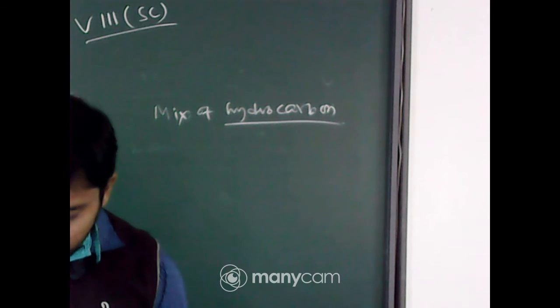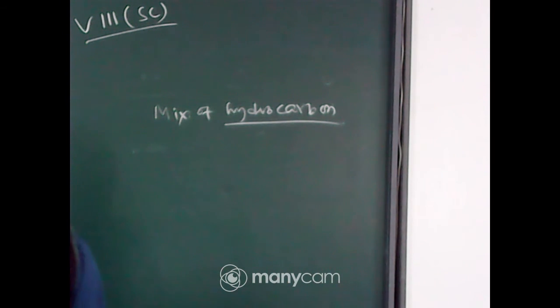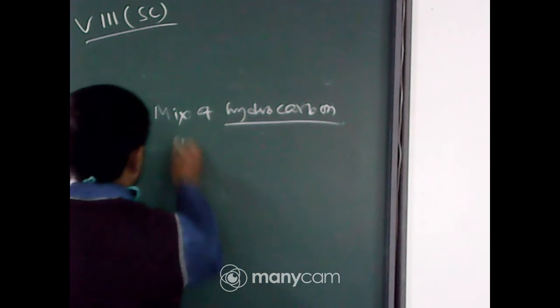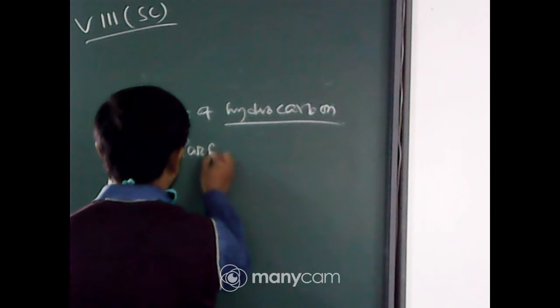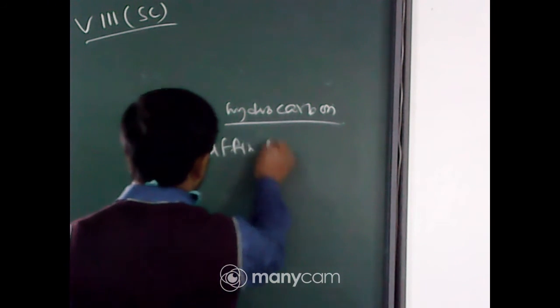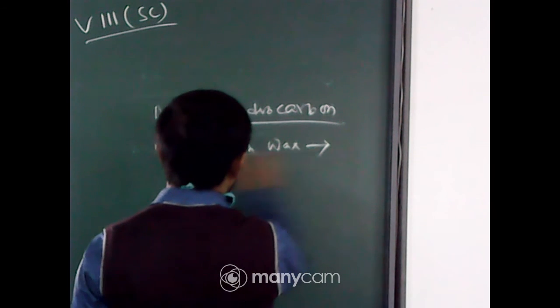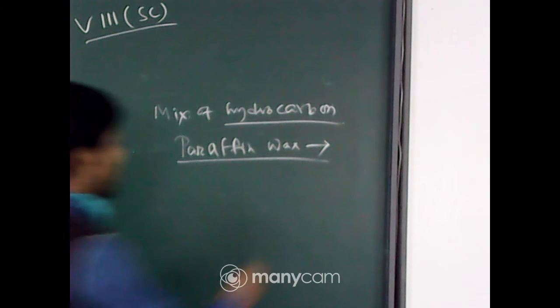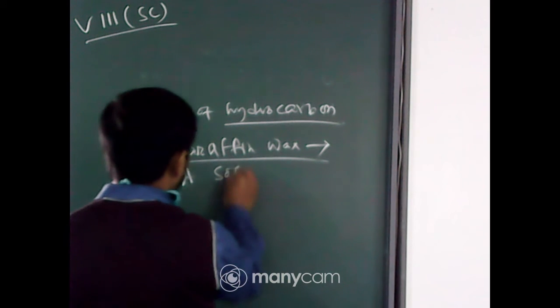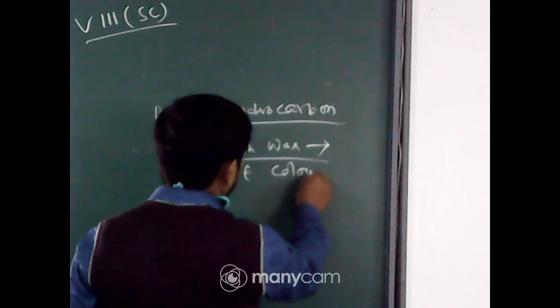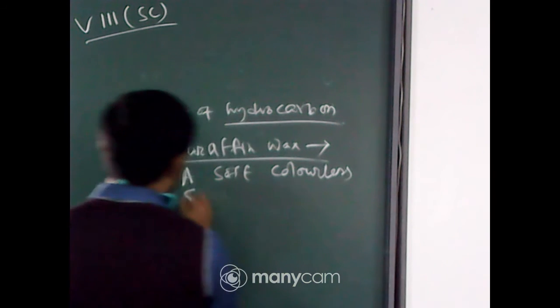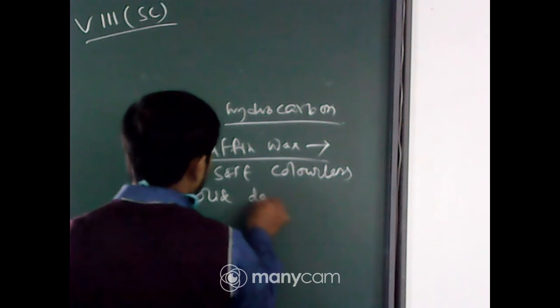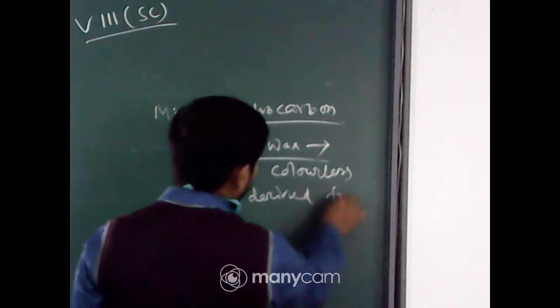Next one is paraffin wax. What is paraffin wax? It is a soft colorless solid derived from petroleum. Write it, paraffin wax. It is a soft colorless solid derived from petroleum.